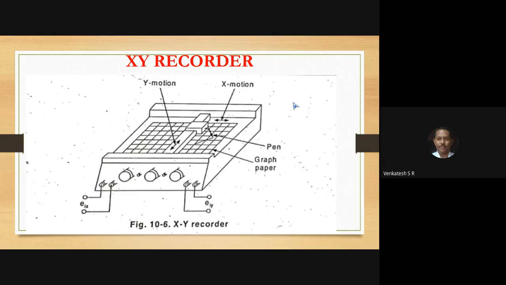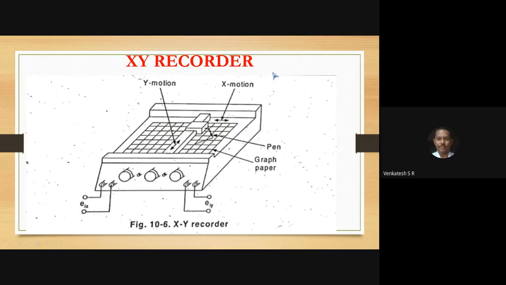Here also, they print the heartbeats or vibration in XY direction. That is the output in waveform, which indicates the vibration in X direction and Y direction. We can in turn call it X motion or Y motion.